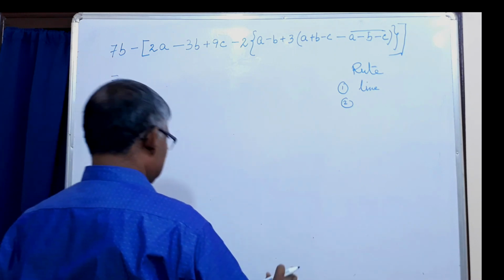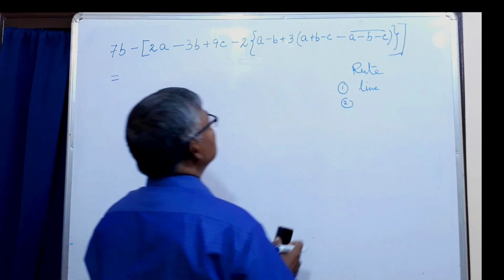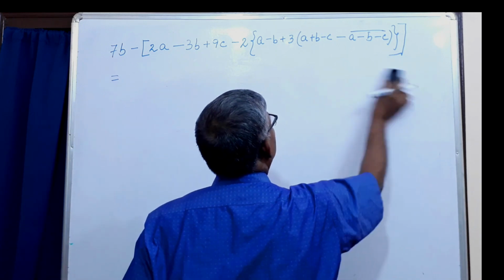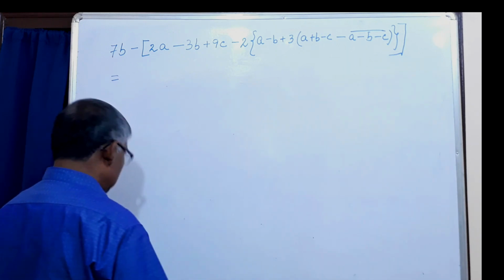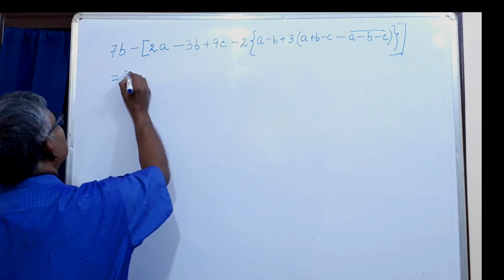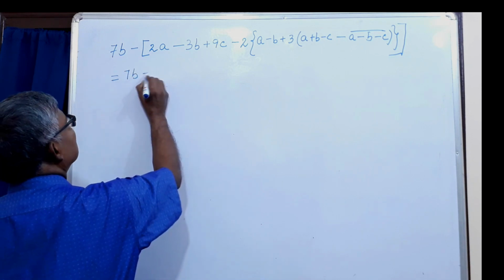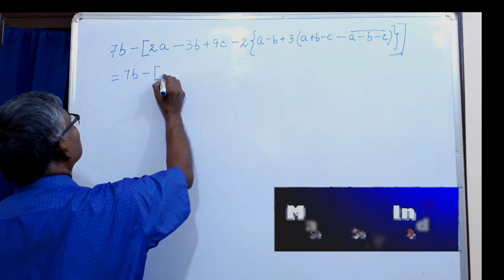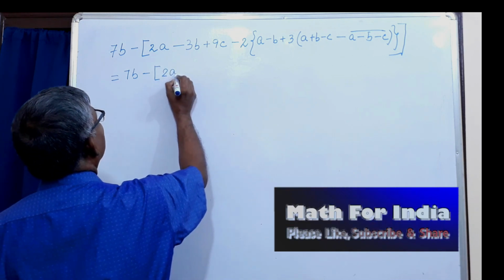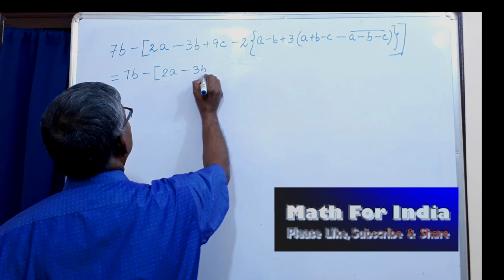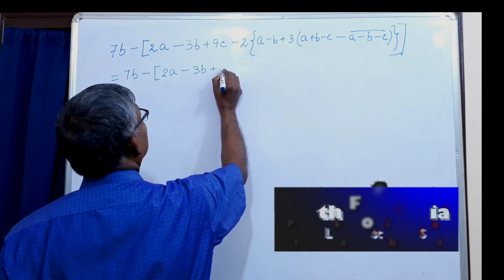So let us see how it is solved, and let us write 7b as it is minus 2a minus 3b plus.